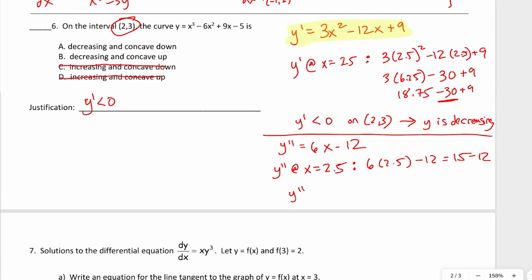So y double prime is positive on the interval (2, 3), which indicates that y is concave up. And so our answer here is B. We know it's decreasing because the first derivative is negative, and we know it's concave up because the second derivative is positive.